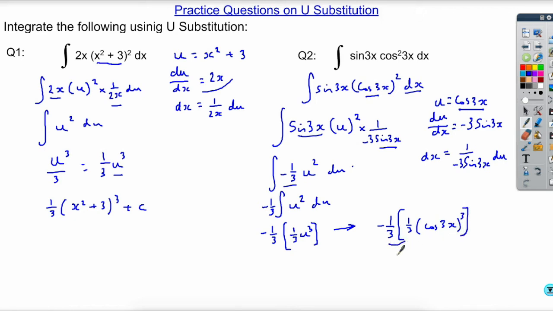And this minus 1/3 times the third obviously gives us minus 1/9. I'm going to now replace my cos 3x with cos cubed 3x, and then the constant of integration, add c.